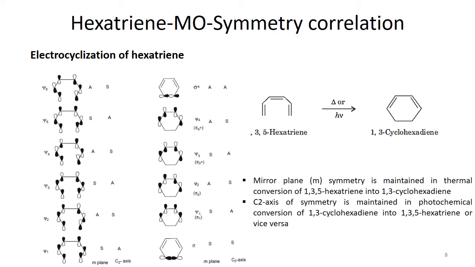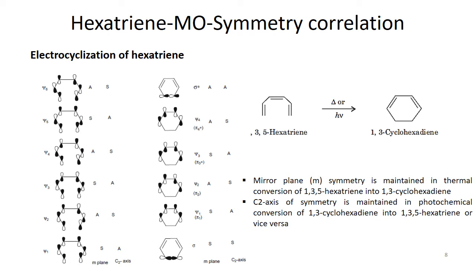Talking about 1,3-cyclohexadiene, the symmetry operations are carried out and the designations are written here. Why are we only considering these six? We were discussing why these designations are used, like sigma, then pi 1, pi 2, pi 3, pi 4, and sigma star. It is because the bonds formed and broken are one sigma bond and two pi bonds.